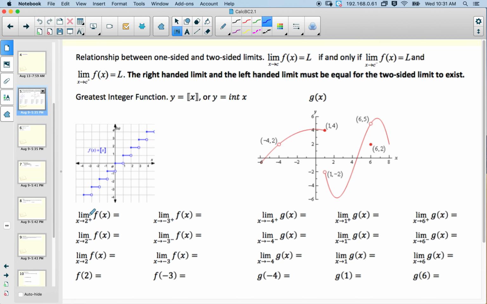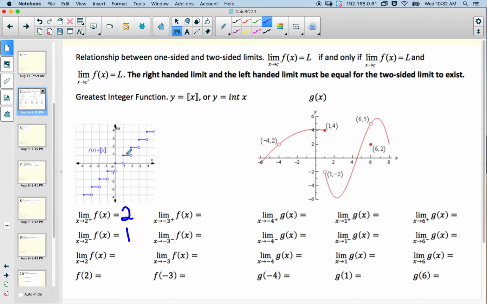But let's take a look at this situation. The limit as x approaches 2 from the positive side. So here's x equals 2. Coming at this from the positive side, that equals 2. Coming at this from the negative side, from the left-hand side, that's going to equal 1.